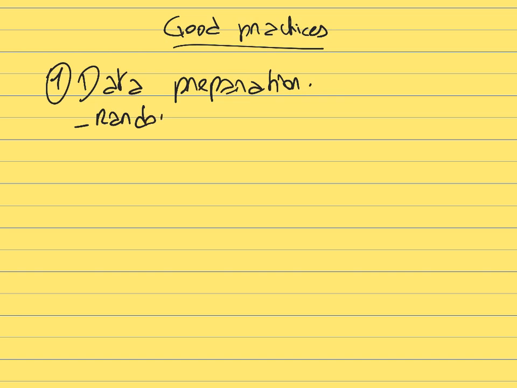So you need to make sure you shuffle the data, you randomize it. By that I mean that when you collect data, typically you will tend to collect data in a certain order. For example, if you are going to measure the properties of a given material at different temperatures, then you will tend to measure at a low temperature and then gradually increase the temperature.